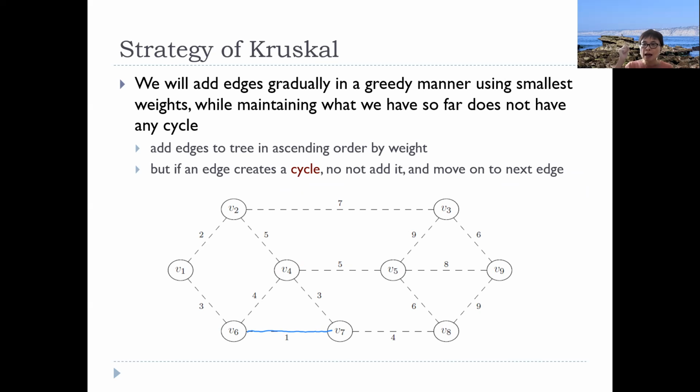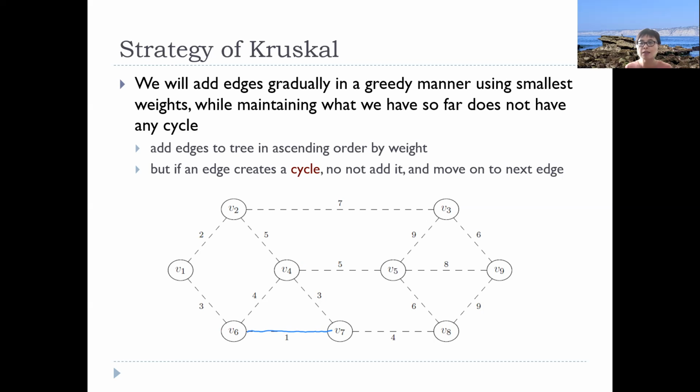When I add that edge in, if it connects a new node, great, I keep it, because that means I'm growing my tree. If that edge creates a cycle, that means that even though this edge is good and has a low weight, I don't need it anymore. I already have ways of connecting them. This is a redundant edge, because a tree cannot have a cycle, so I throw it out, and then move on to the next edge. So that's the entire algorithm.